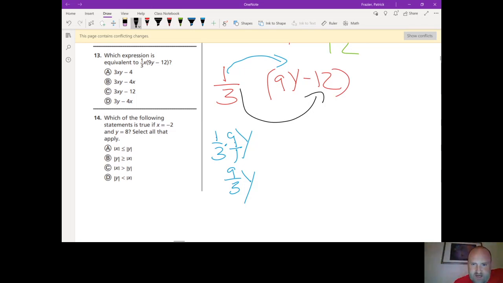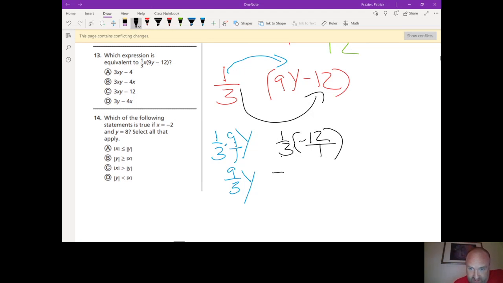Okay, back to black. So 1/3 times negative 12. And again, you can think of that as negative 12 over 1. You're just multiplying the top by the top and the bottom by the bottom. A positive times a negative is a negative.